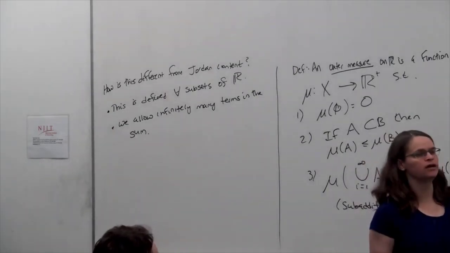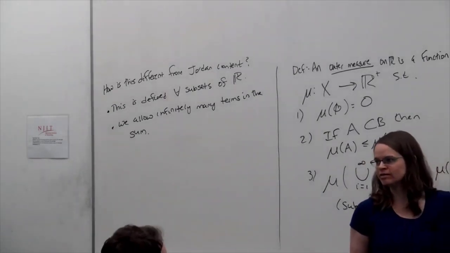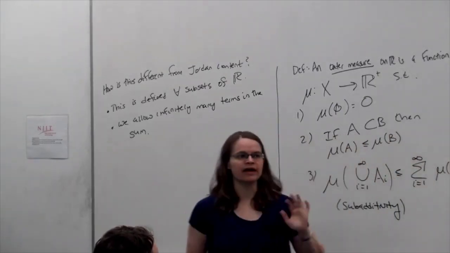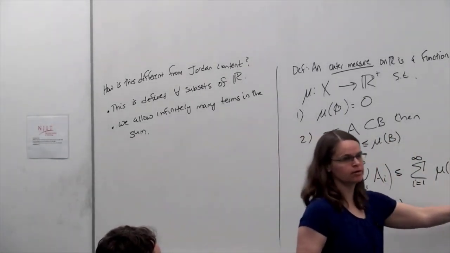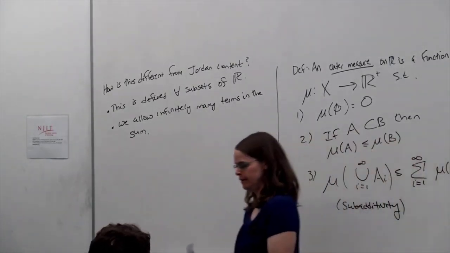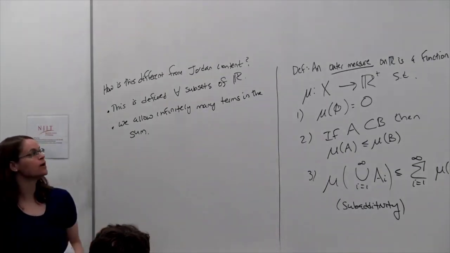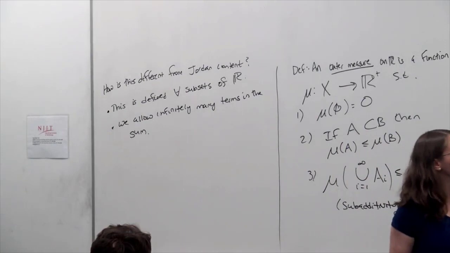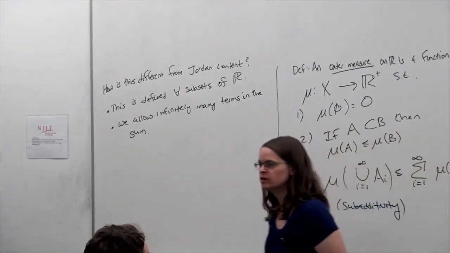As I've written it now, this is actually defined on all of capital X. Now, hold tight, there's still going to be a problem. But yes, this has a much bigger domain right now. And one can check, without too much difficulty, that this satisfies all the properties of an outer measure.